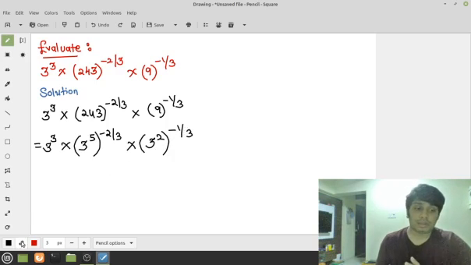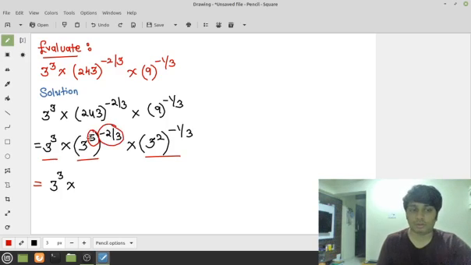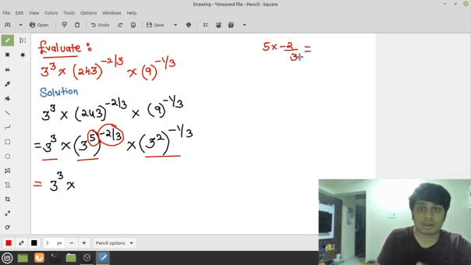Now, each and every part of the question is getting converted into a common base, right? So first let us simplify whatever is possible here. 3 raised to 3, I just write as it is, multiplied by 5 into minus 2 upon 3. Why did I do this? Because power's power gets multiplied.